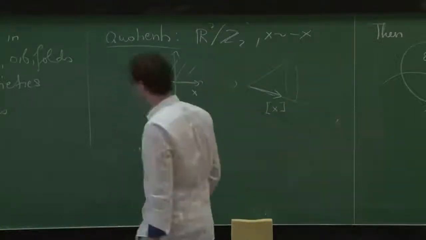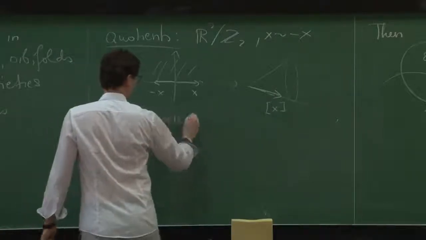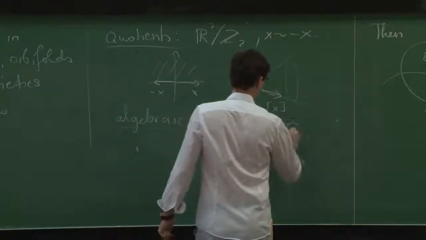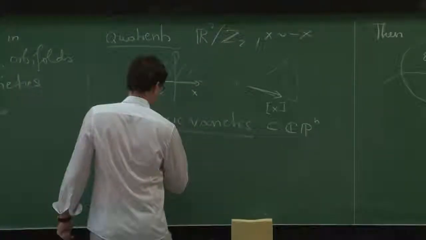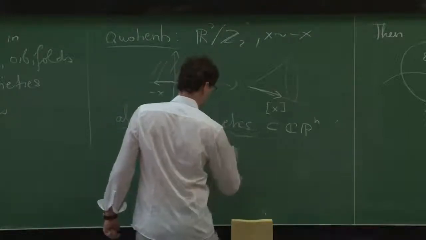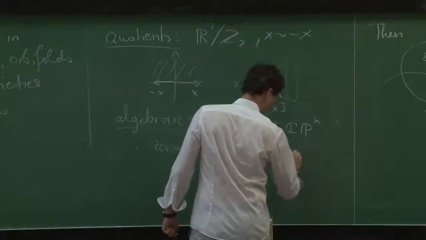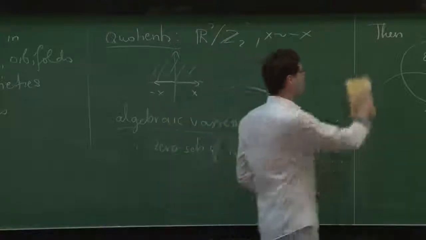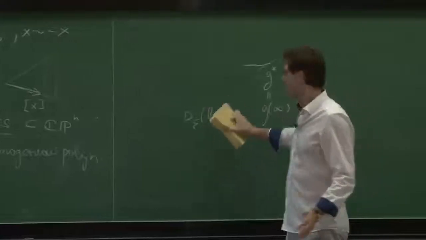Okay, very simple example. Second example, algebraic varieties. They are actually submanifolds of CP^N, and they are zero sets of certain homogeneous polynomials. What I will write down will not be an algebraic variety, but it will be a zero set of a homogeneous polynomial.